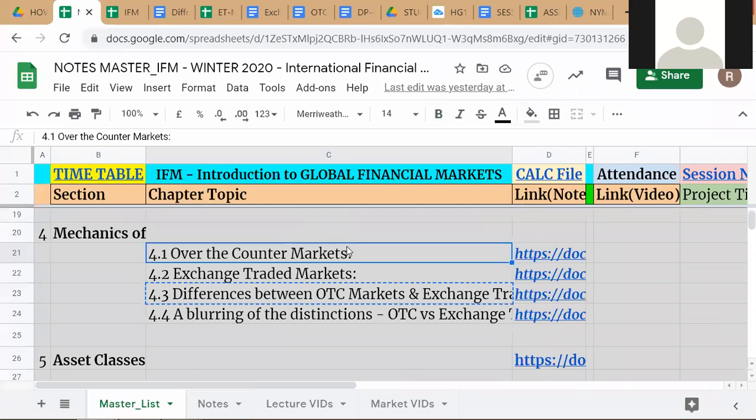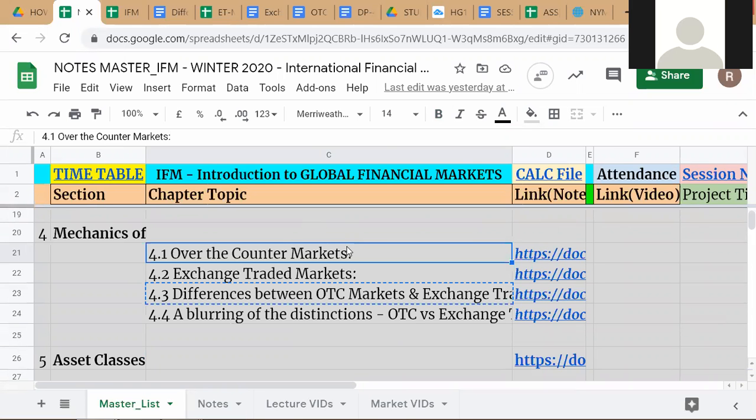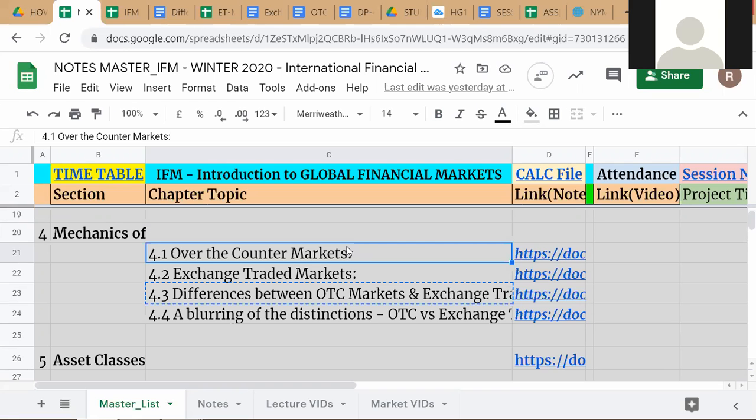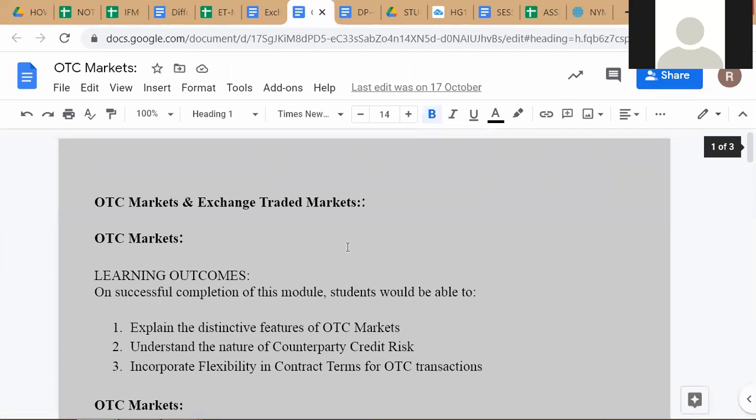There are 4 notes. Our first note is essentially over-the-counter markets, OTC markets. All right, so OTC markets and exchange-traded markets.